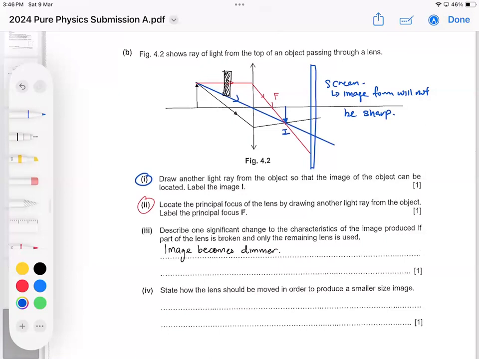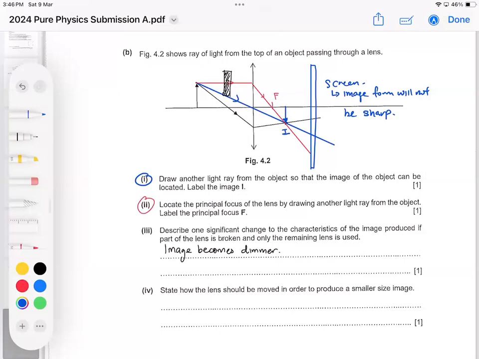All these images will overlap each other, and the overlapping of these 3 images will cause your image to be blurred. That's why we need to adjust the position, either of the lens or of the screen.